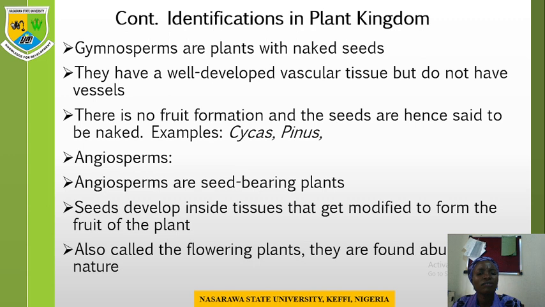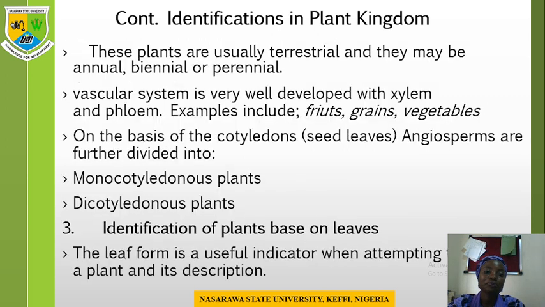Gymnosperms are relatively scarce, but the angiosperms are found abundantly in nature, virtually everywhere. These plants are usually terrestrial, and they may be annual, biennial, or perennial. That's the angiosperms. Vascular system is well developed with xylem and phloem.